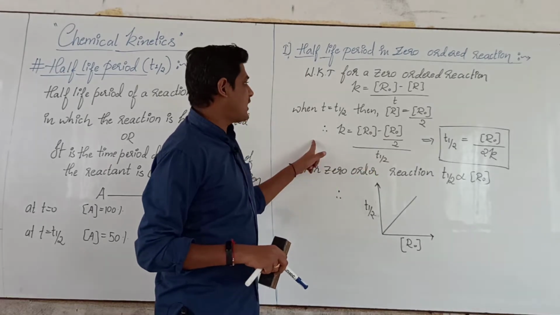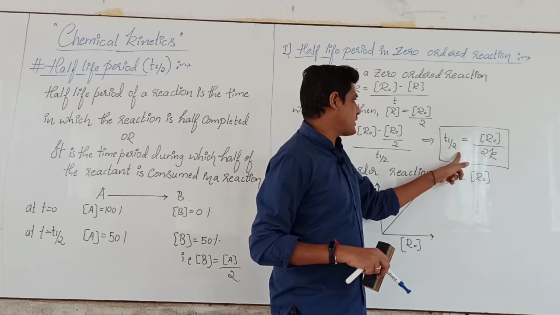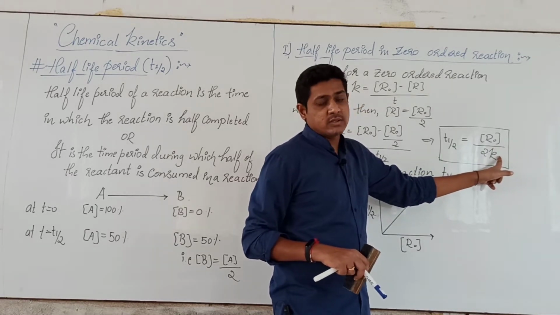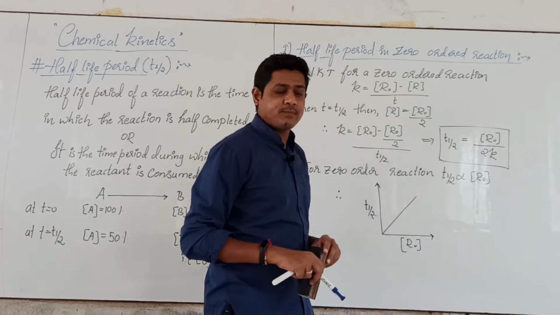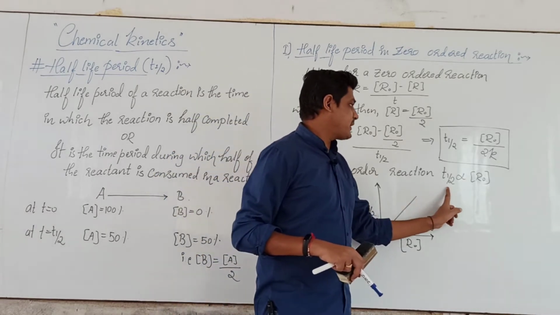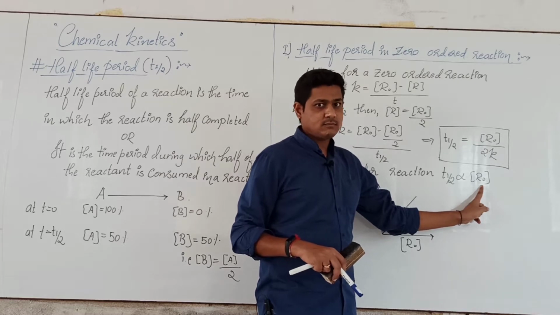Then taking t half to this side, the half-life period of a zero order reaction is equal to R naught upon 2 times the rate constant k. From this equation we can say that for a zero order reaction, half-life period is directly proportional to the initial concentration.